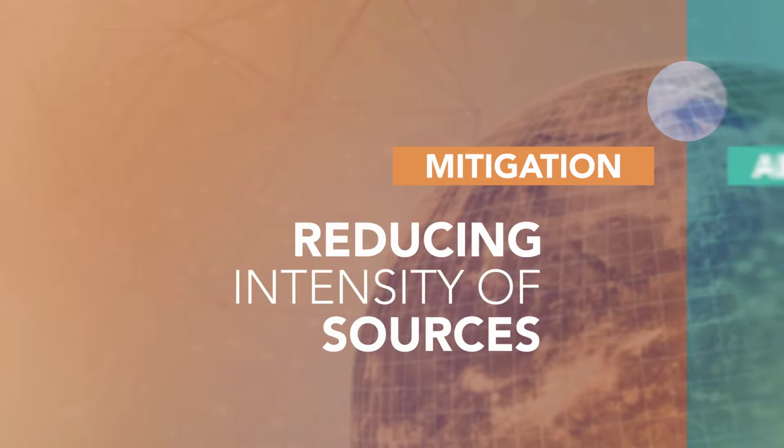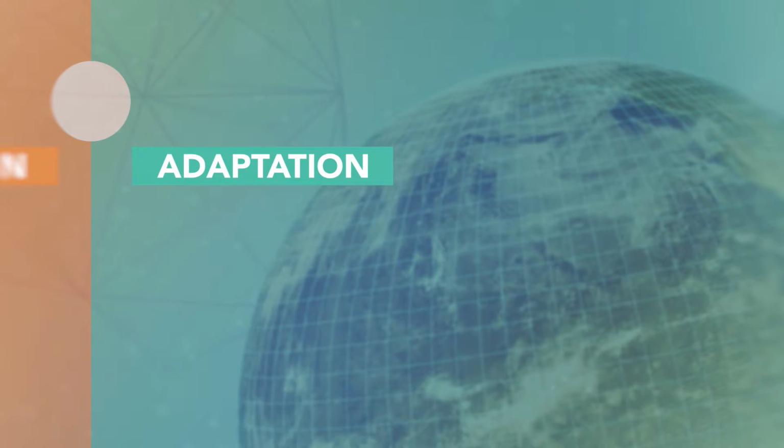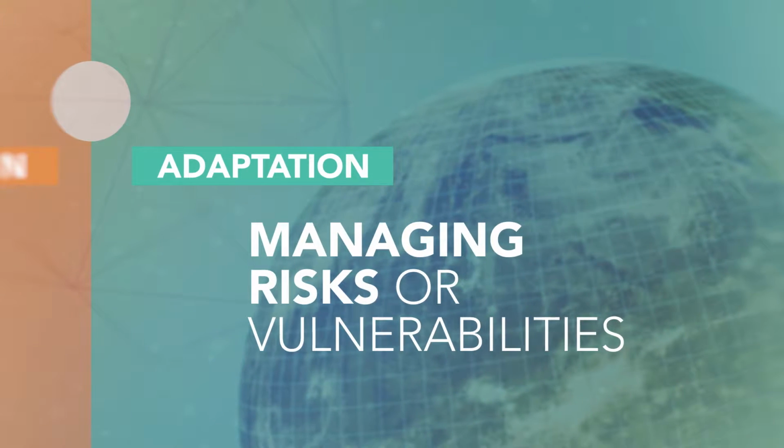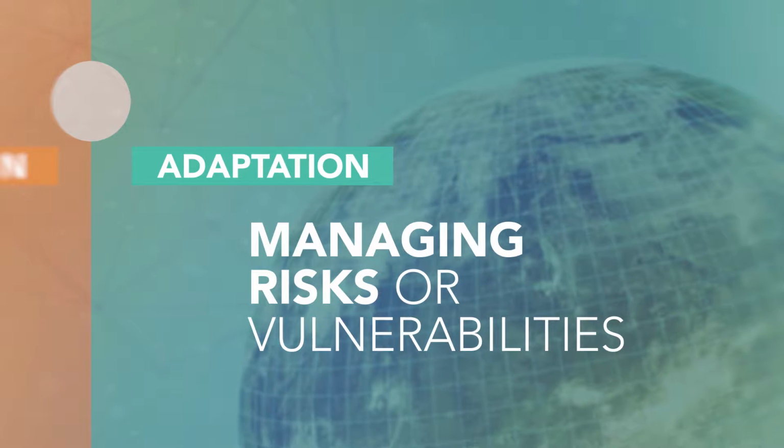In the case of climate change, we are trying to lessen the amount of greenhouse gas concentrations so that the changes in our climate are not as drastic. In the second case, adaptation is the process of managing the risk of or vulnerability to something that is undesirable.